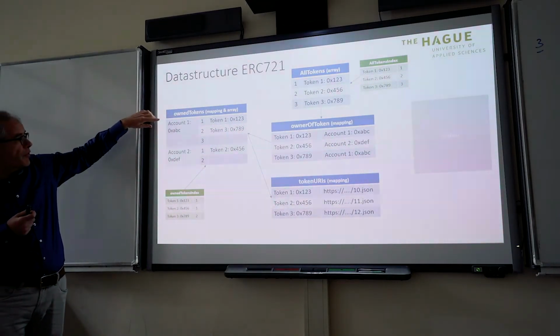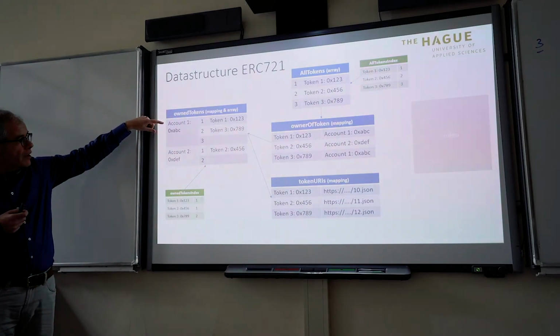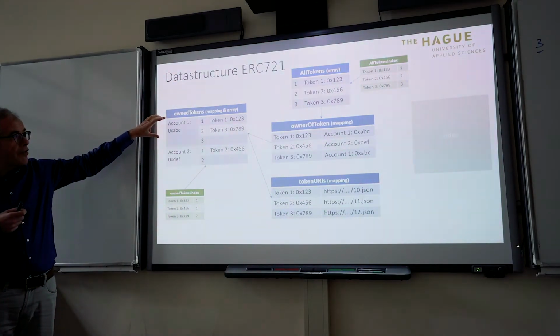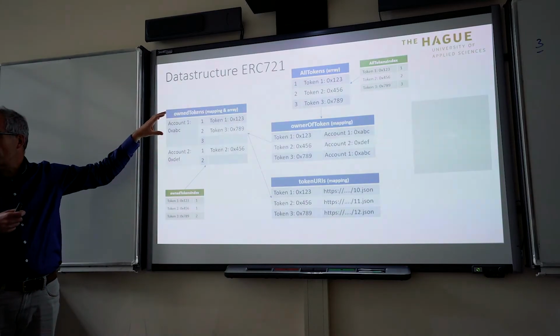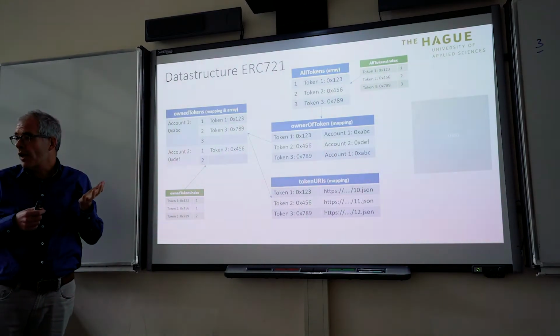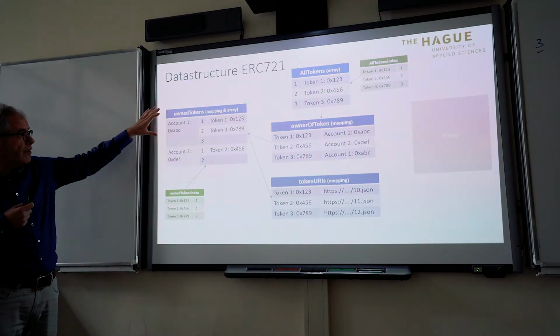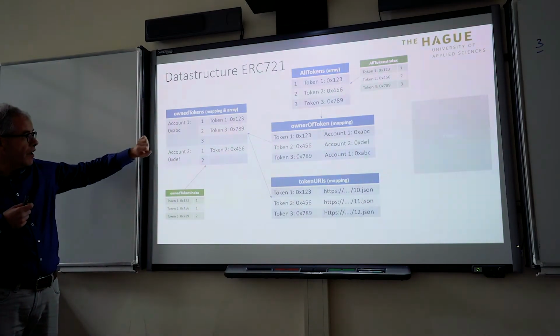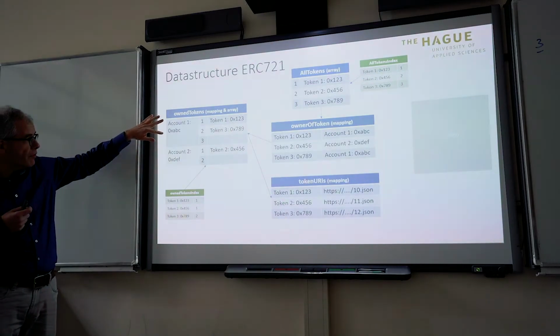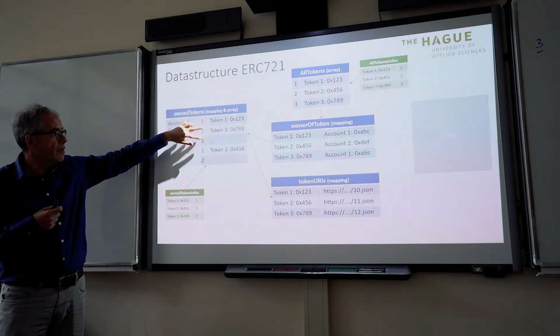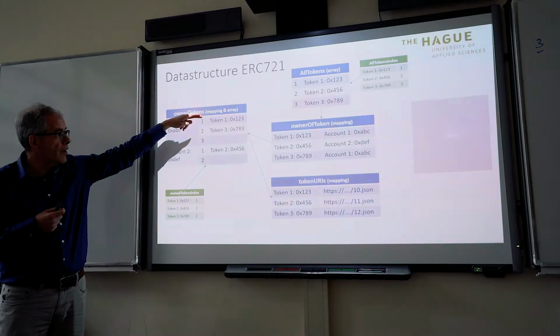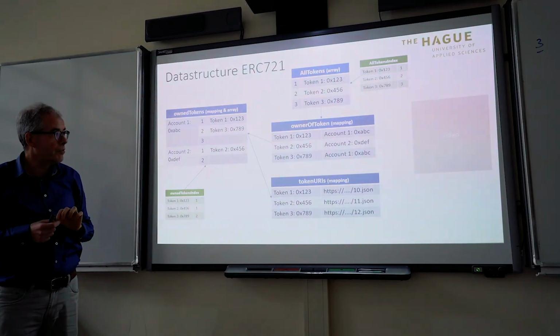So for example, if you take one account here, you can see which tokens that account has. Of course one account can have multiple tokens, so they created a mapping to an array. So for one account you have an array with a number of tokens, so this account has these 2 tokens.